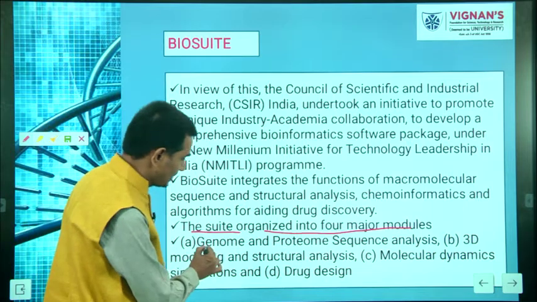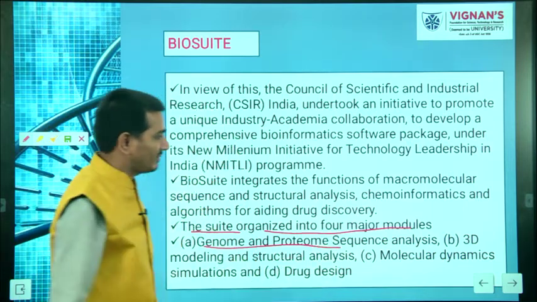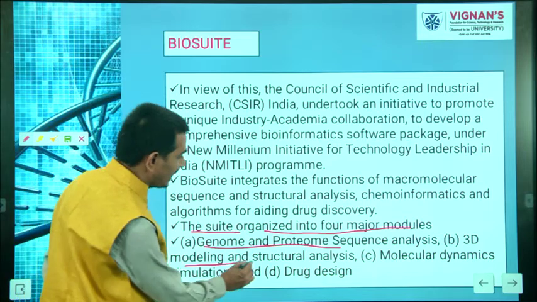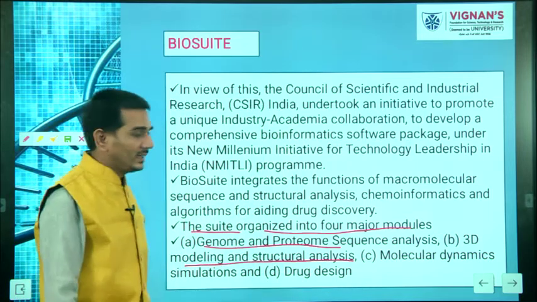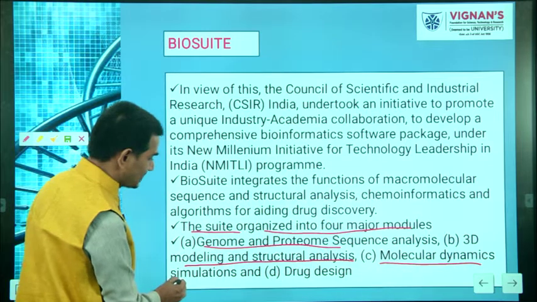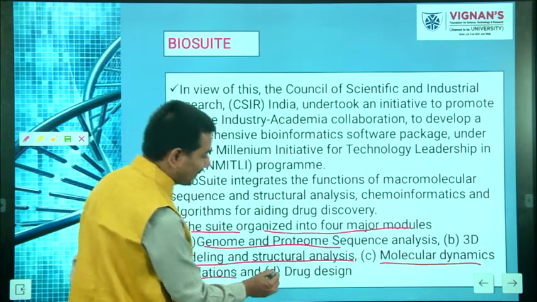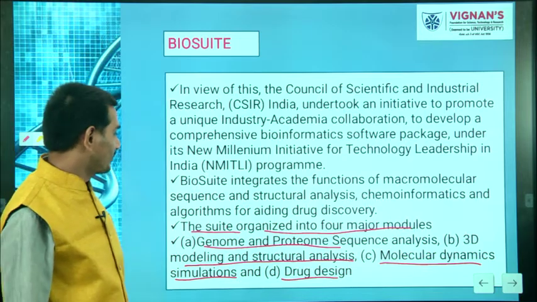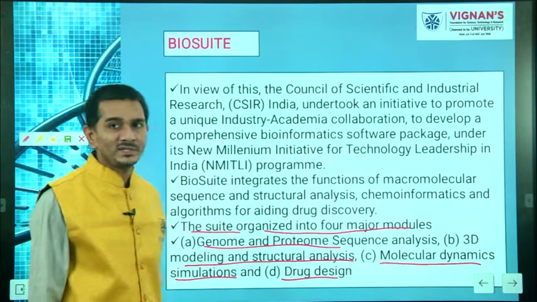The first is genome and proteome sequence analysis, the second is 3D modeling and structural analysis, the third is molecular dynamics simulations, and the fourth is drug design.